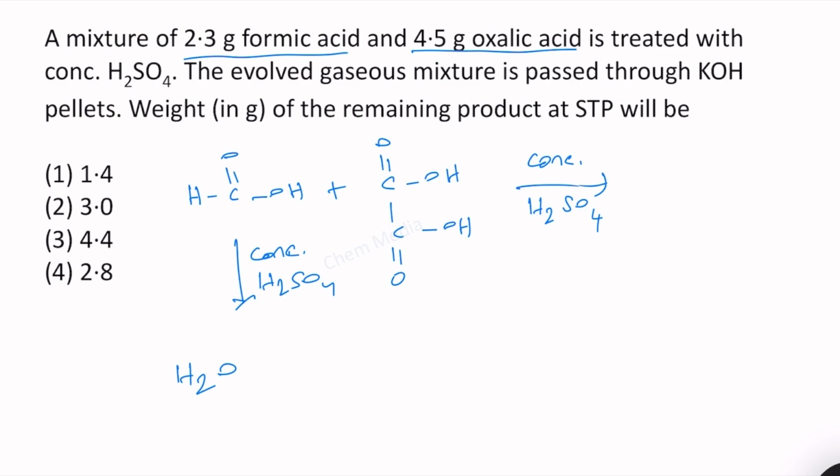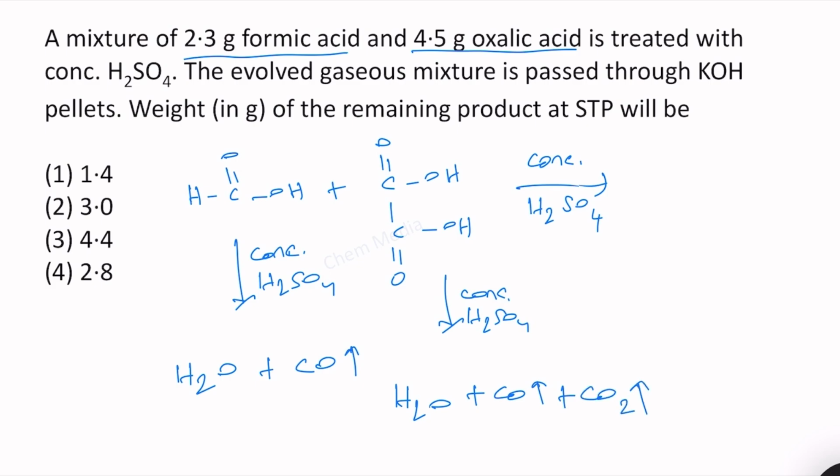So, one of the products is water and the remaining other product is carbon monoxide. Here individually, it would be water plus carbon monoxide plus carbon dioxide. So, we have two gases, one is carbon monoxide and another is carbon dioxide.